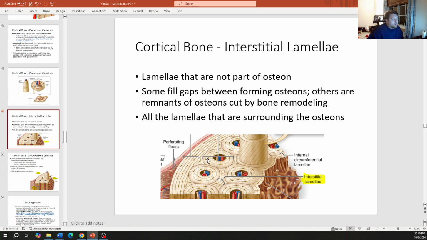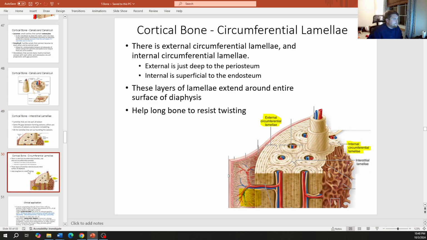They fill in all of that space. And then we have the circumferential lamellae, external and internal, which are again just the layers of the bone that run around the outside and the inside of the cortical bone.